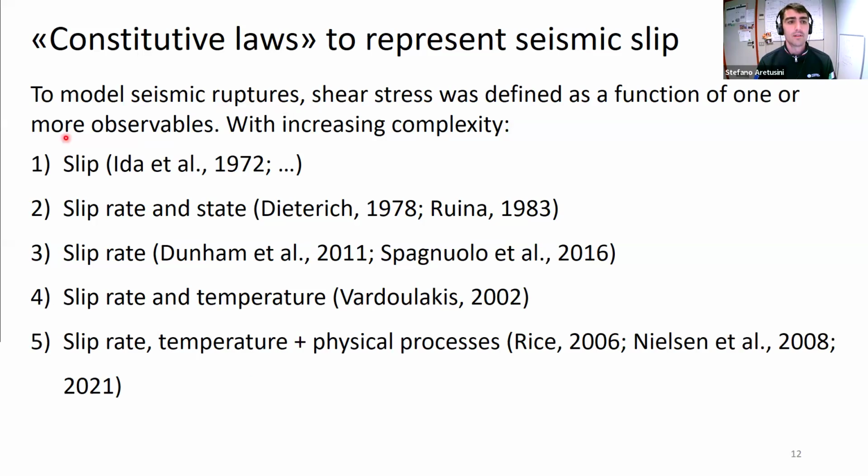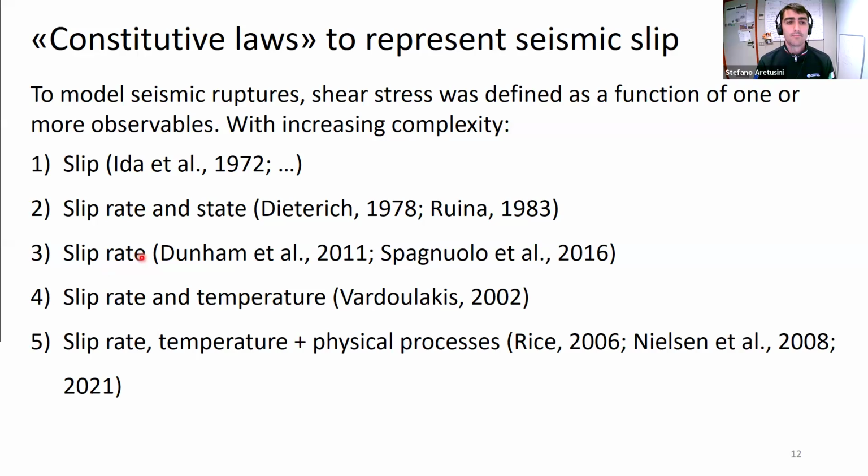Starting in the 70s, the slip-dependent laws were born in relation to fracture mechanics. Then in the following years, thanks to contributions from the lab, the constitutive laws evolved and got more and more complex, towards, for example, the rate and state friction laws, or the rate and state laws coupled with enhanced weakening at high slip rates.